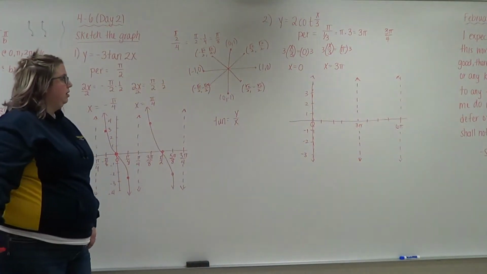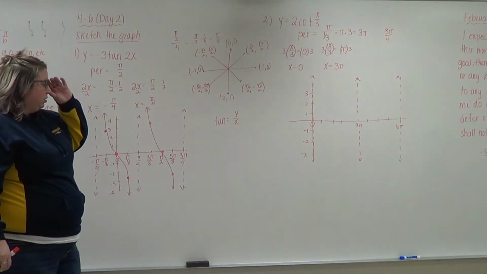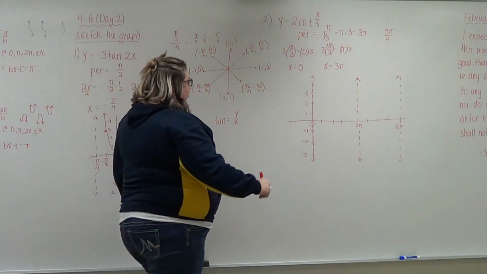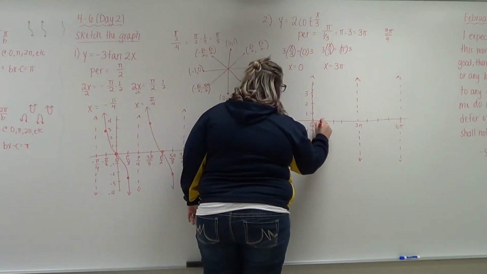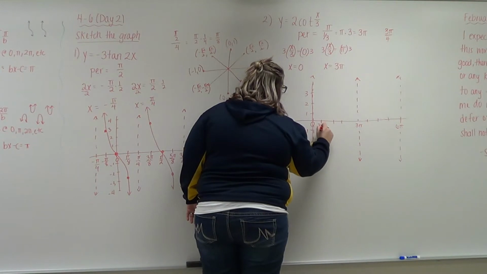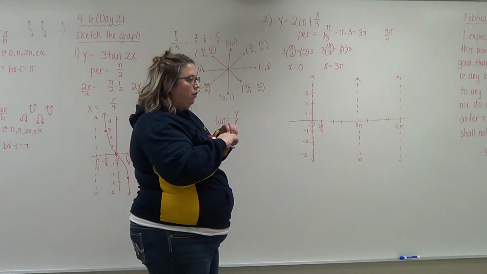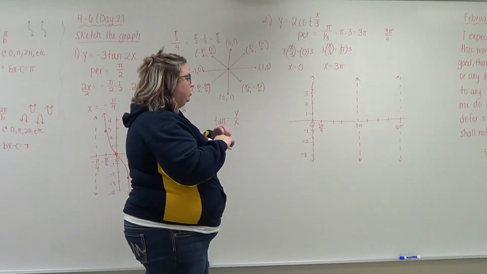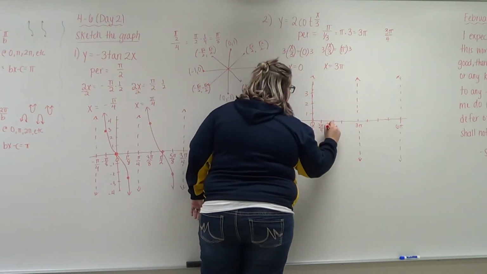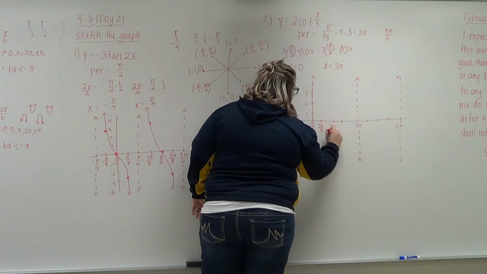That's what I'm counting by. So I would have 3 pi over 4. If I add another 3 pi over 4, I'm at 6 pi over 4. But those are both divisible by 2. So 3 pi over 2.